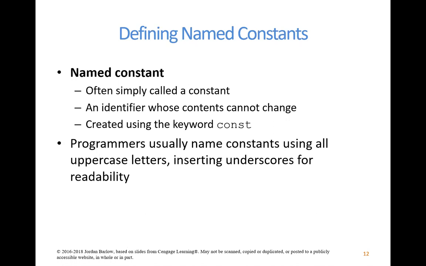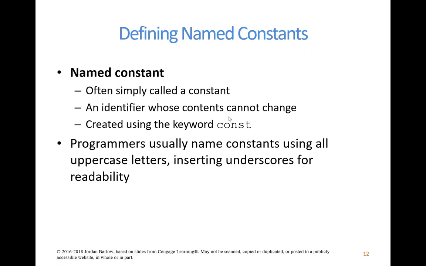What this does is it basically creates a variable that is not allowed to change at any point during the program. So let me jump to the code to show you an example of what I mean.